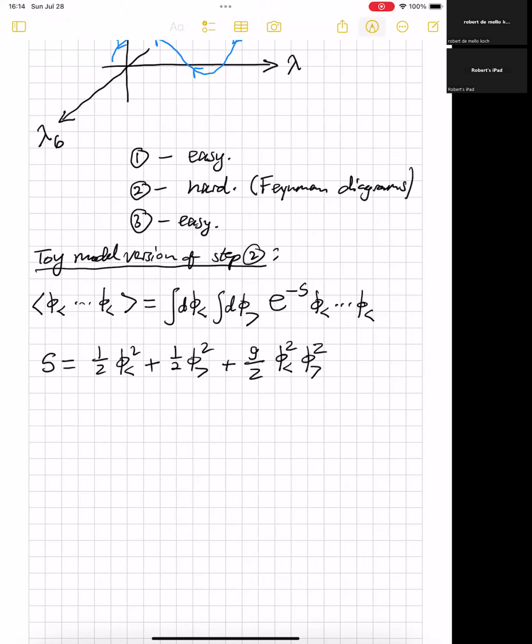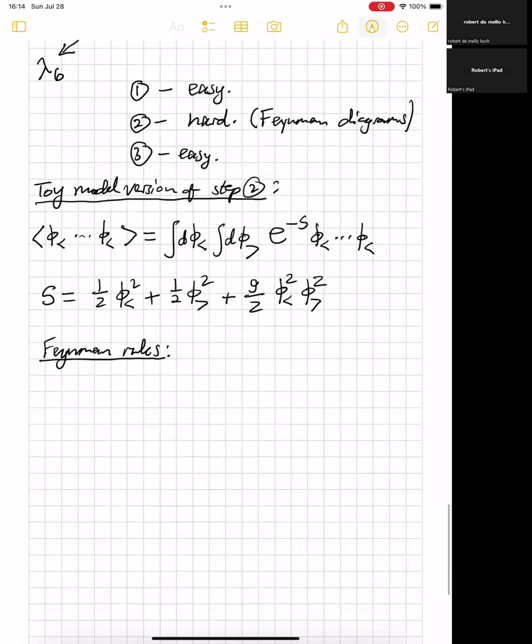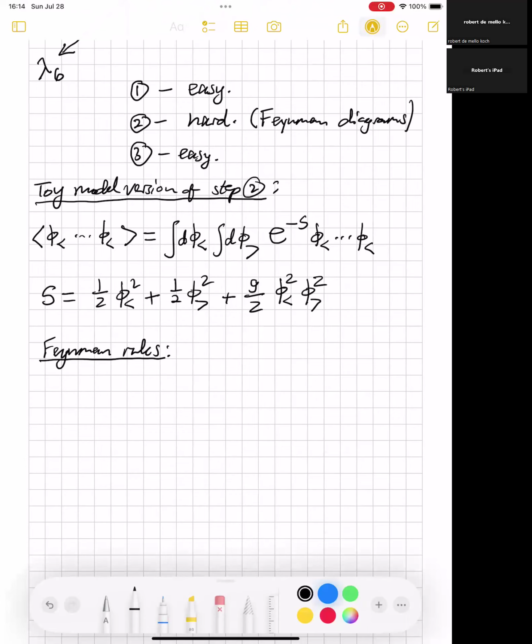Good. So what are the Feynman rules? So here are the Feynman rules of this theory. So let's first of all not even think about integrating anything out. If I was just going to study this theory with the two modes, what would the Feynman rules be? Well, I'd have one rule for the first term in the action, and this would be for a low energy mode.